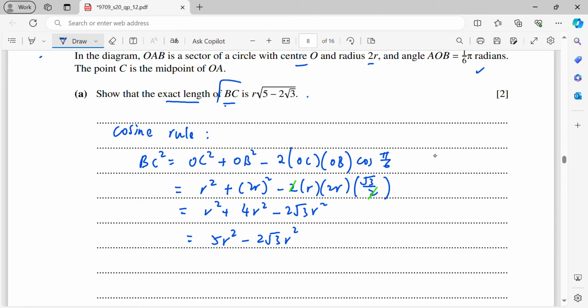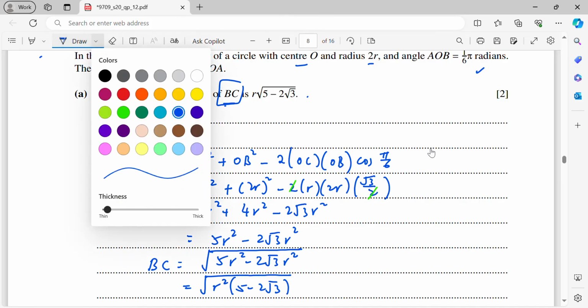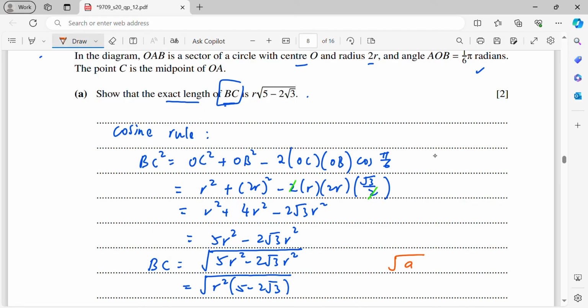And now to get the BC, we need to take square root. And we know that R squared is in common, so you can factorize R squared, that will be 5 minus 2 square root 3. And now, for your information, square root of a times b is basically square root a times square root b.